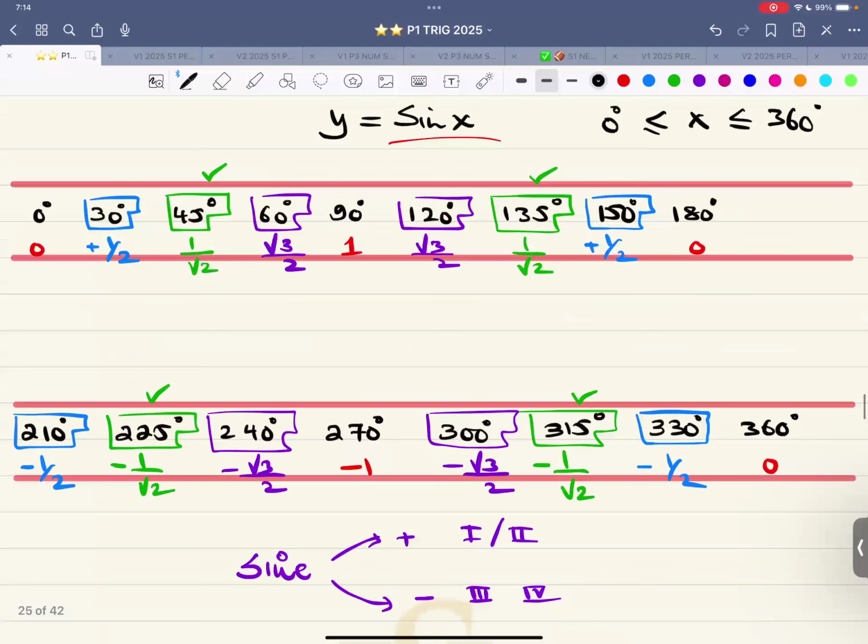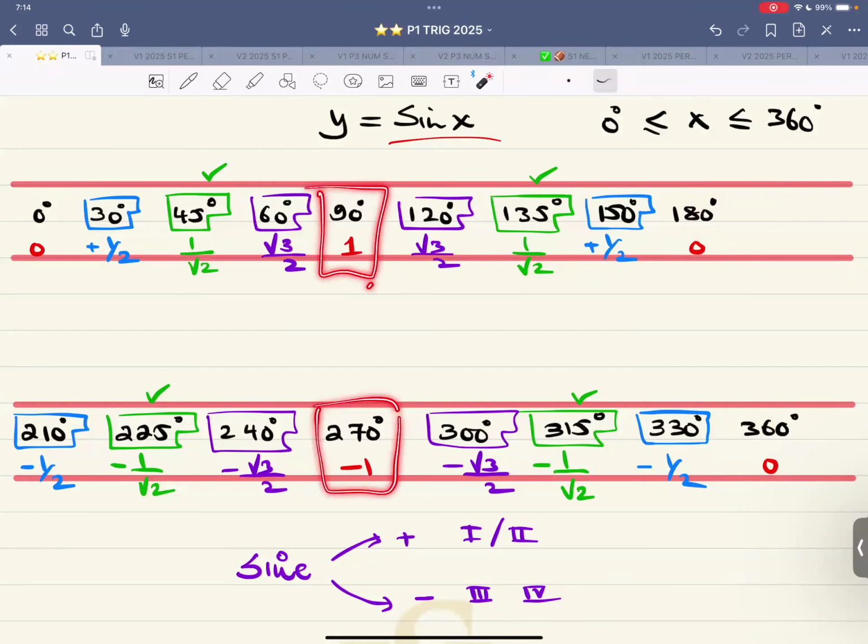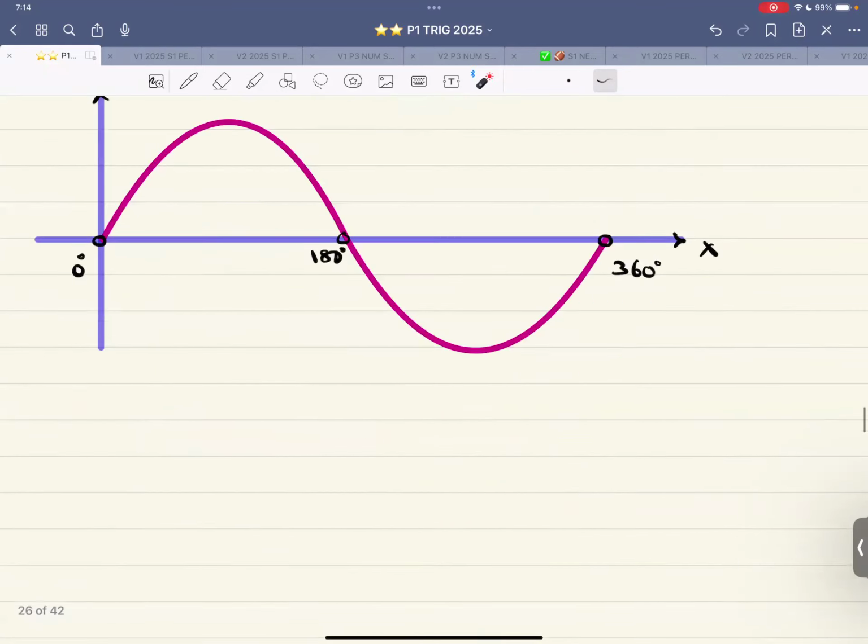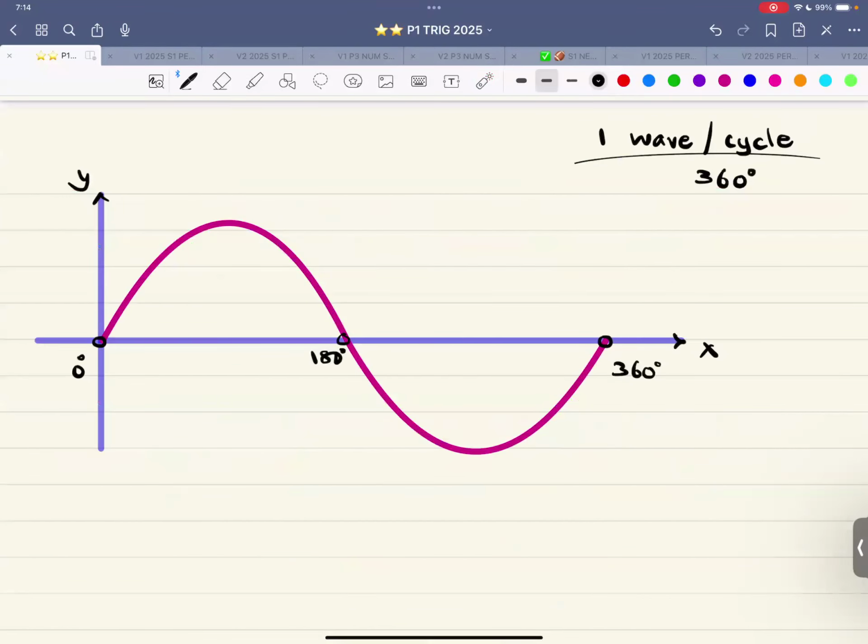At 90 degrees, it's 1. At 270 degrees, it's negative 1. So this is negative 1 over here at 270 degrees.